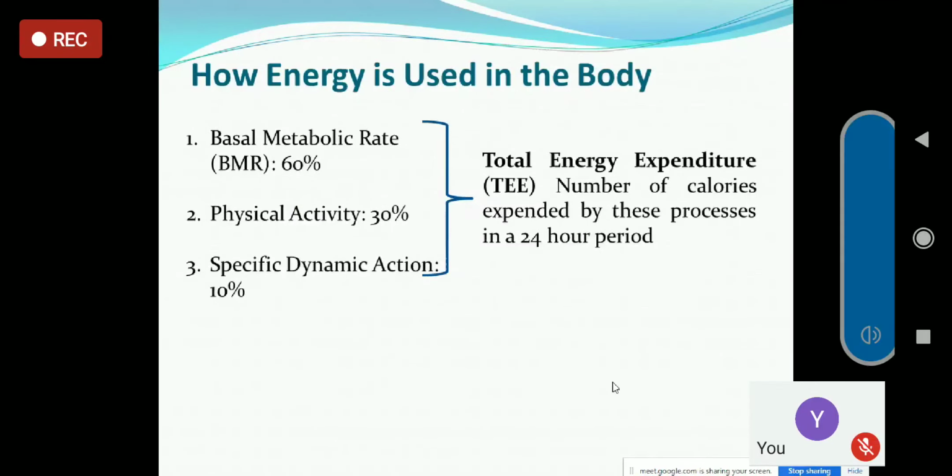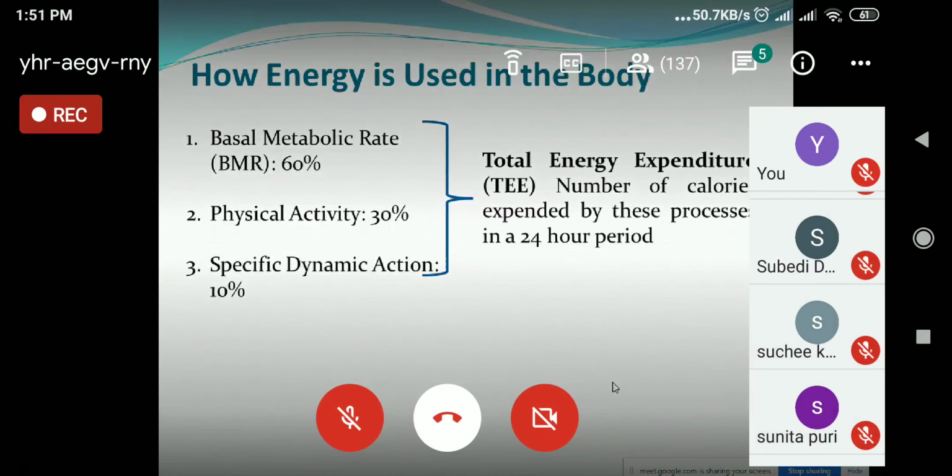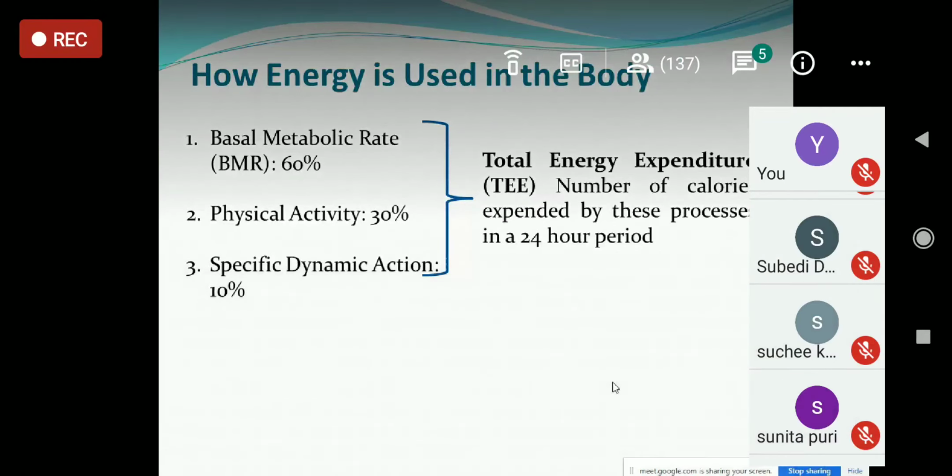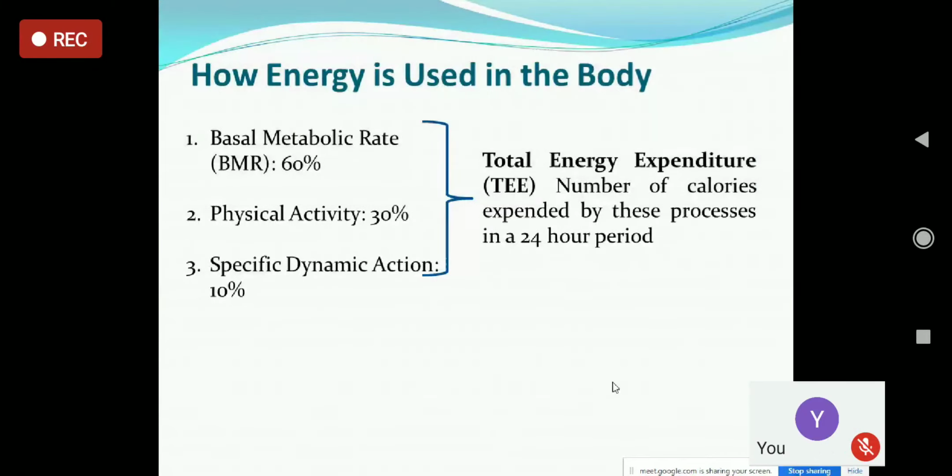Now you consume different micro and macronutrients. The energy given by the macronutrients is utilized for the various processes in the body. So the energy that is generated by the metabolism of macronutrients is used for mainly three energy requiring processes that occur in the body.